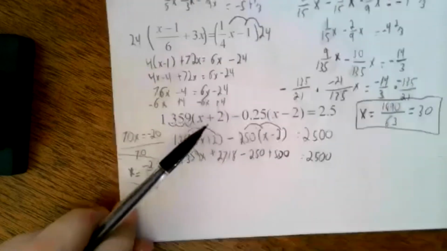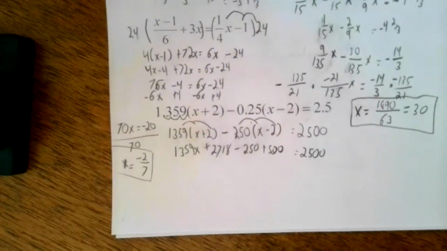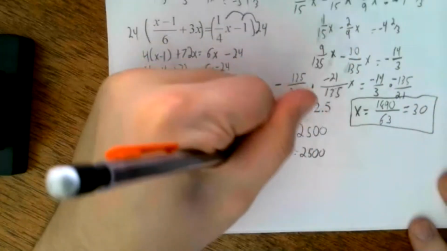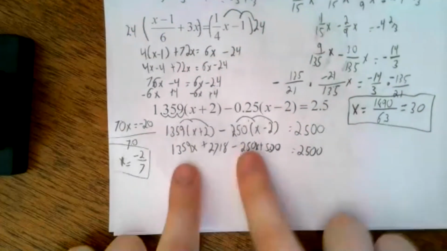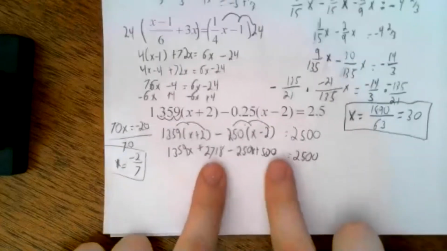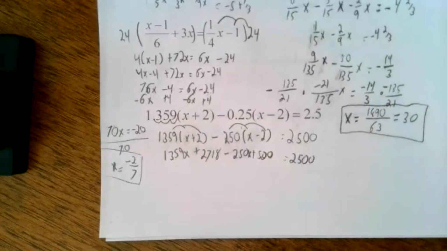Okay. And then now I can combine my like terms on the left side. Oops, there should be an x there, sorry. So I'm going to combine my x terms, and I'm going to combine my constants. Okay.